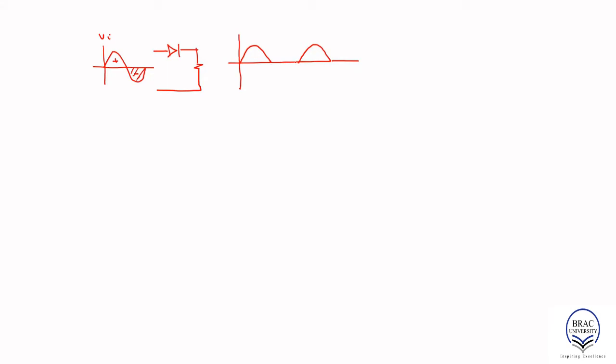And at the same time, we want to have these things rectified. So I want to have a rectified signal, which means our signal is oriented in the same direction, let's say in this direction. At the same time, we want to keep both half cycles. So in that case, the output should look like this.